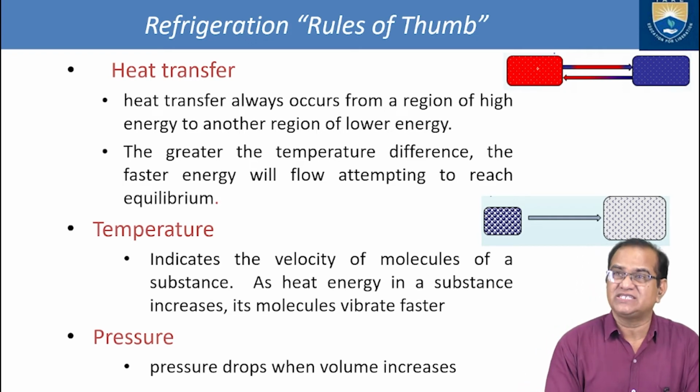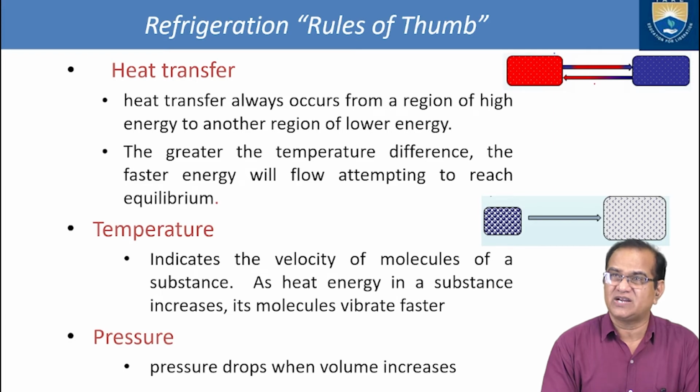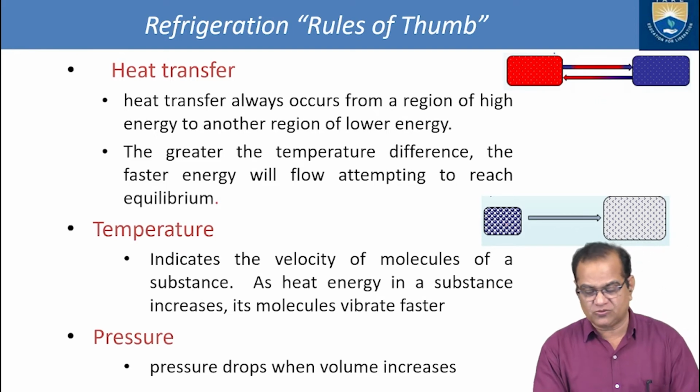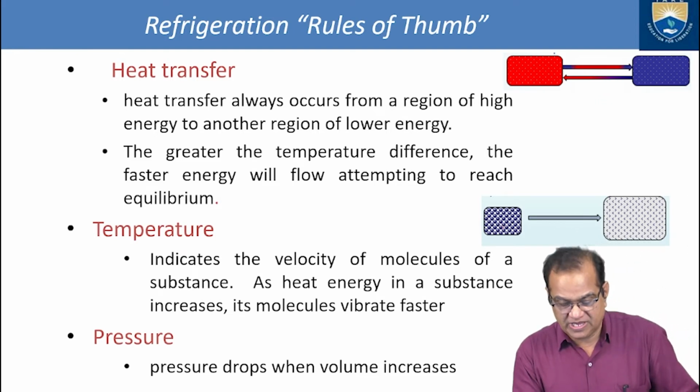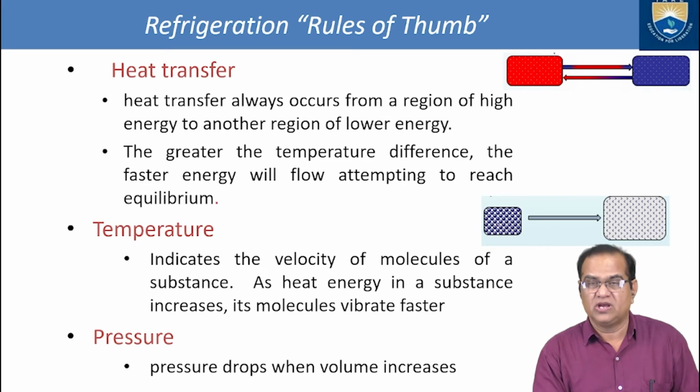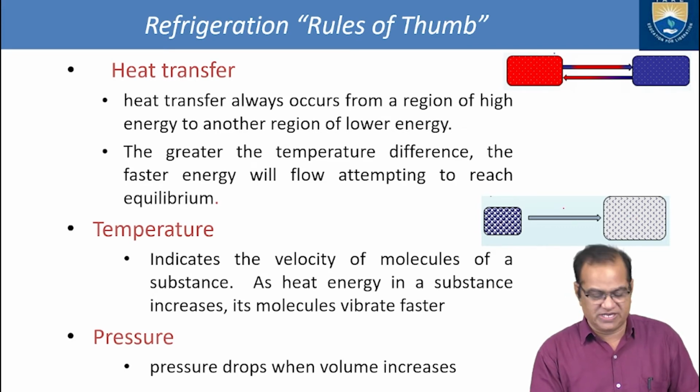You can see here, this red is very high energy and the blue is low energy. So from high to low it is possible, but from low to high it is not possible without giving some additional work. So here also it is shown, from low to high is not possible, and we need to do some additional work.